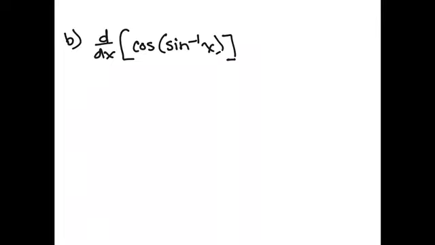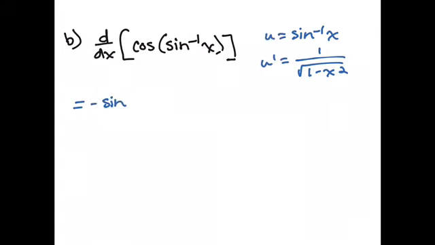Okay, the derivative of cosine of sine inverse of x. So this is a chain rule problem where our inner function is sine inverse of x, and its derivative is just the formula. So when we take the derivative of this, the derivative of cosine is negative sine of sine inverse of x times the derivative of sine inverse of x.